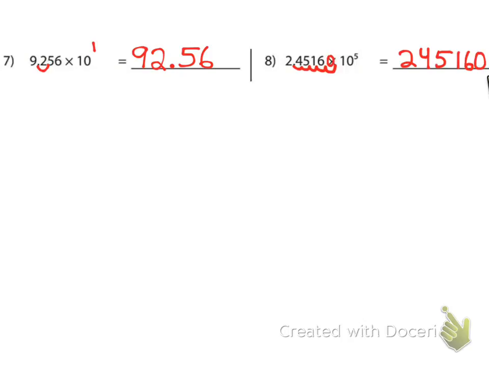Do you guys know how to find where the comma goes? You count in 3 spaces from the back. So your comma is going to go behind the 5 here. If you forget a comma, it's not the end of the world. It just makes it a lot easier to grade and a lot easier for you to check your work compared to my work when you put the comma in there. What are your questions on the first 2?